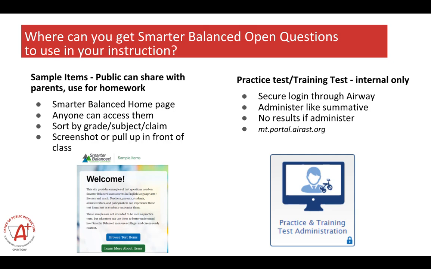We have a screenshot of it right there. Anyone can access these items. They're public. They're sorted by grade, by subject area, or by claim. This is a great place for teachers to go to screenshot, to use for homework, and to guide parents to. Parents can work with their students on this interface. It's just a great place to get those public items.